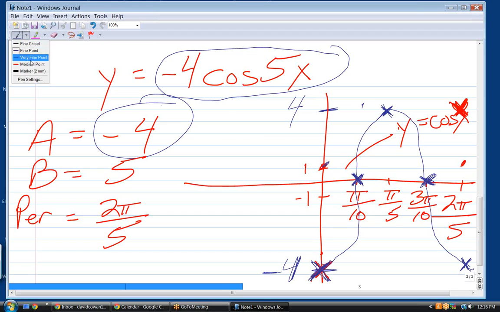And actually, those are the two toughest things. In other words, adjusting the phase shift and the vertical shift does not change the shape of the graph, because all it does is move it right or left or up and down. In other words, if we had a C and a D, let me draw an example.